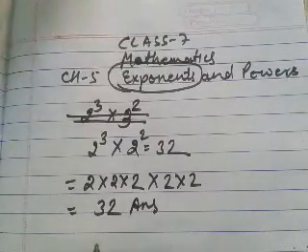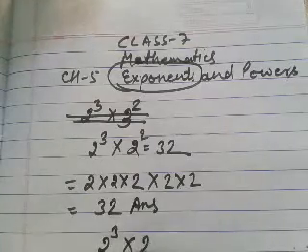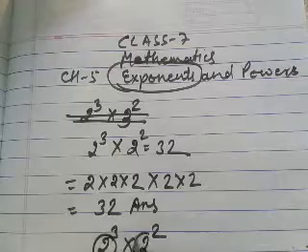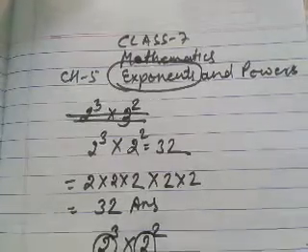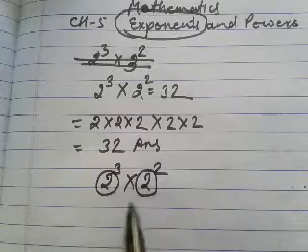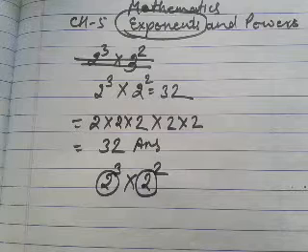Suppose that we have 2 raised to the power 3 multiplied with 2 raised to the power 2, having the same base. In this question, both expressions have the same base.